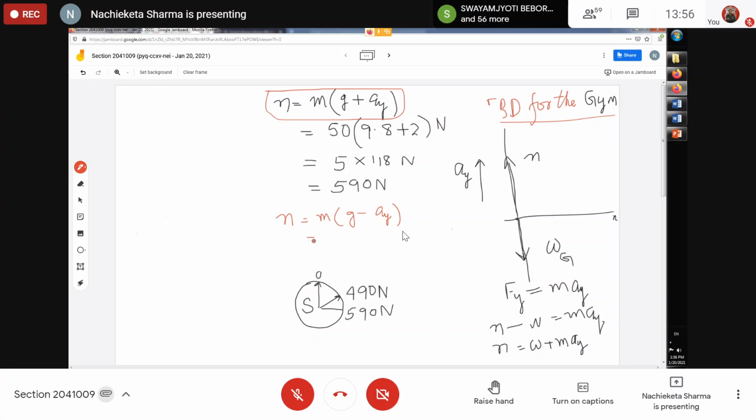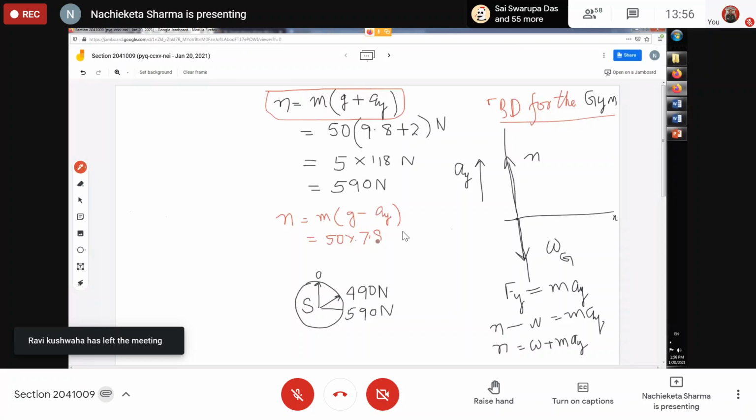So 50 into 7.8 will be 390 Newton. So it will lose 100 Newton, and this will become 390 Newton. So the lady will be very happy that she has lost 100 Newton. But again, that is due to the effect of the decelerating elevator.